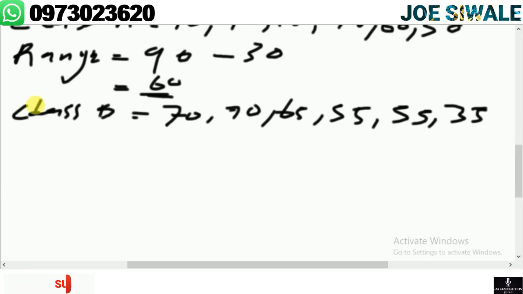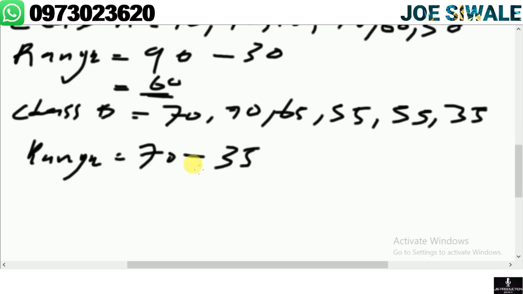So we're going to say range is equal to the highest measure minus the lowest measure of the dataset that have been given. So the highest measure there is 70 minus the lowest measure, that's 35. So 70 minus 35, the answer is 35. So that's the range. Where you have questions, you can ask in the group.